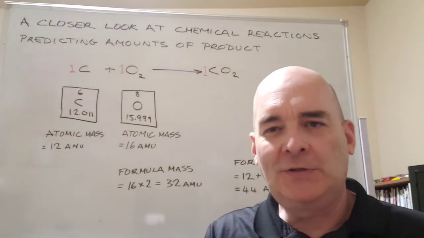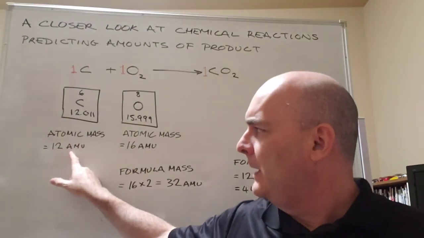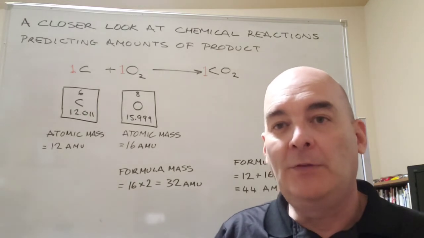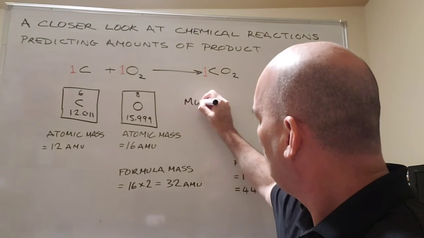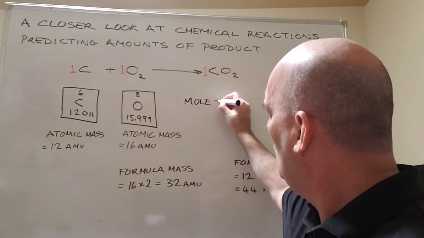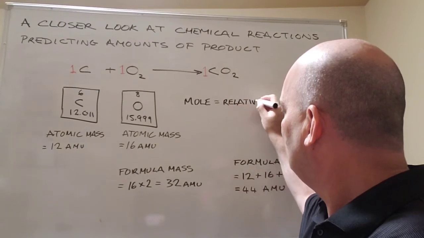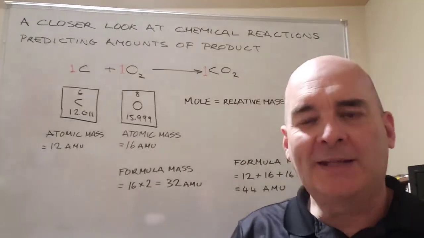So what we need to do is just make this number make more sense. And we've invented a number, and the number is called the mole. And what the mole is, is a relative mass.